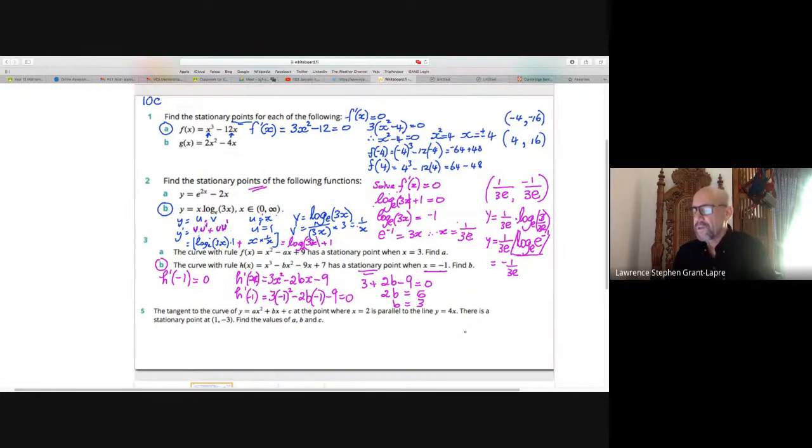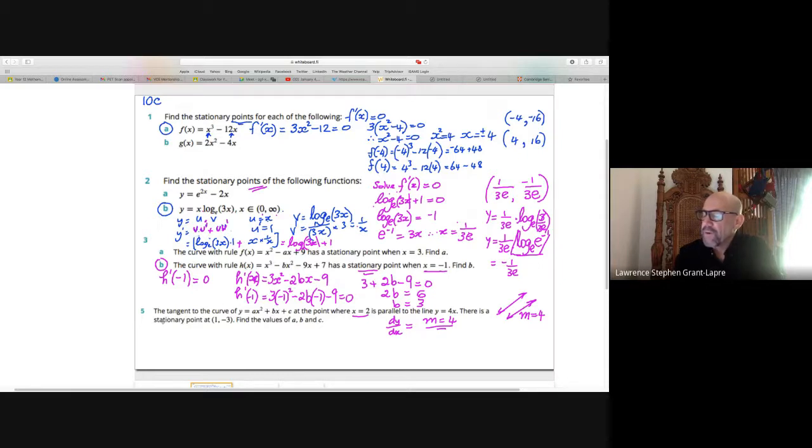Final question. The tangent to this curve at the point where x equals 2 is parallel to this line, which means the gradient will be the same as this line. And the gradient of that line is the derivative, dy dx, of 4x, which is 4. Both gradients are 4 to be parallel.